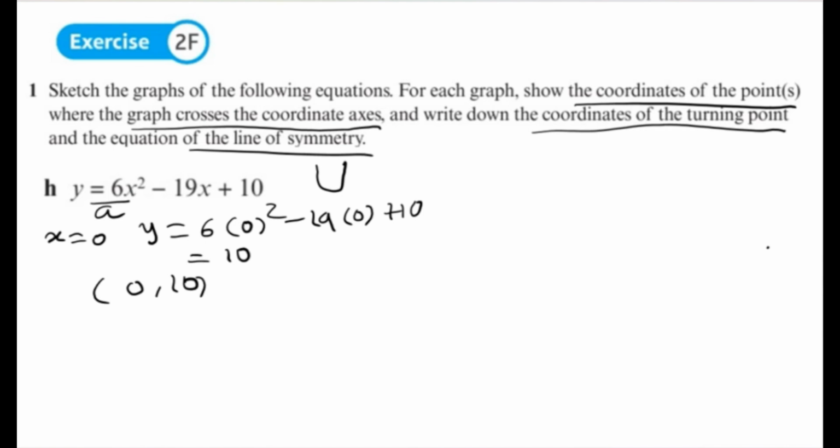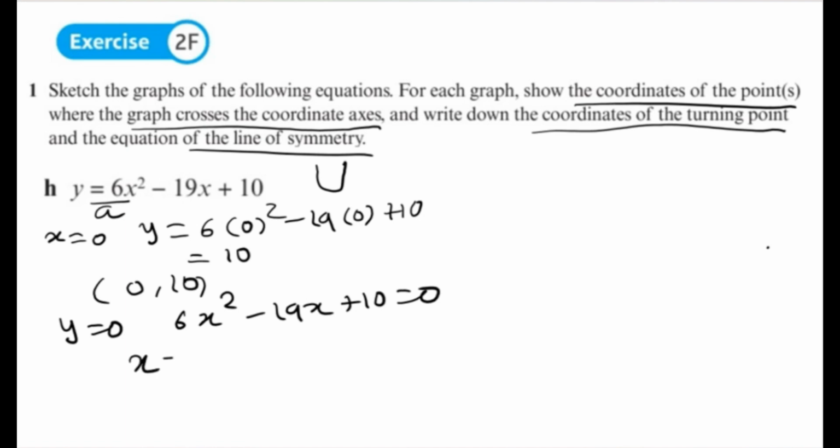To figure out where this function is intersecting the x-axis, we have to substitute y is equal to 0. So that means 6x squared minus 19x plus 10 is equal to 0. To solve this for x, we have to simplify it. For that, you can use either the quadratic formula or splitting the middle term.